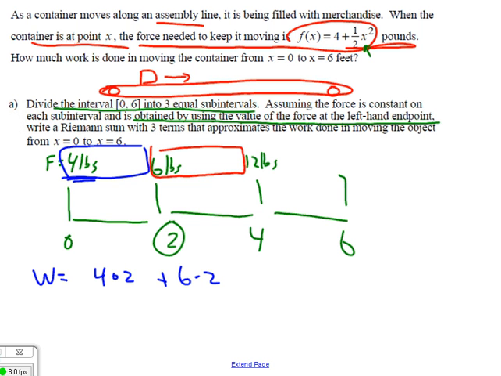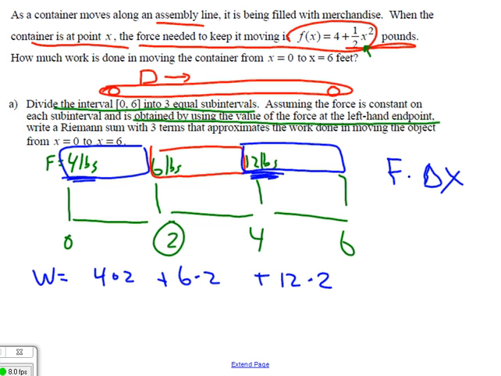And then from 4 to 6, assuming the force is 12, my force 12 times my distance 2. These are all using force times change in x. So I could approximate the work as 8 plus 12 plus 24, which equals 44.